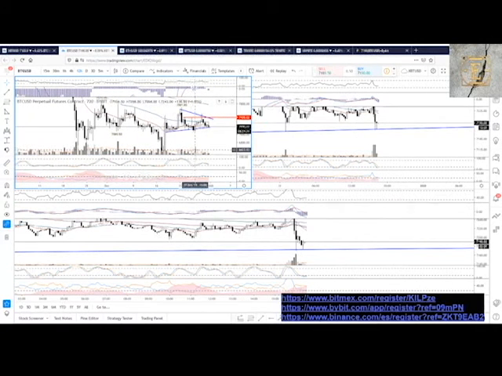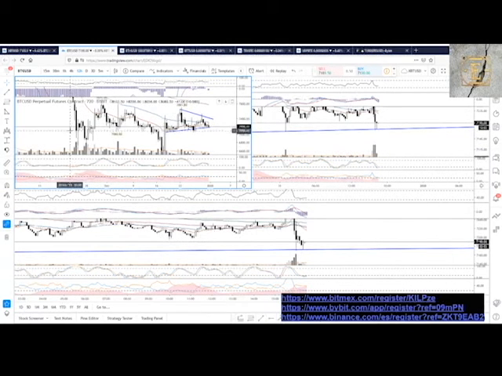This is the volume that made the 7.1. This is the bigger one.